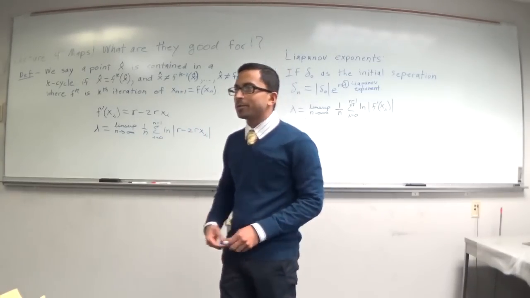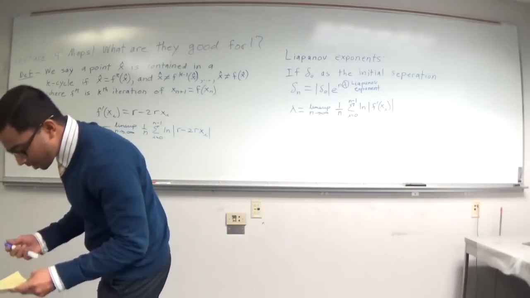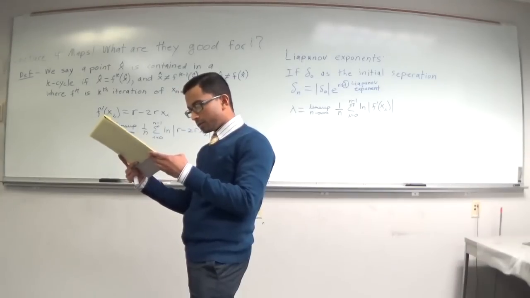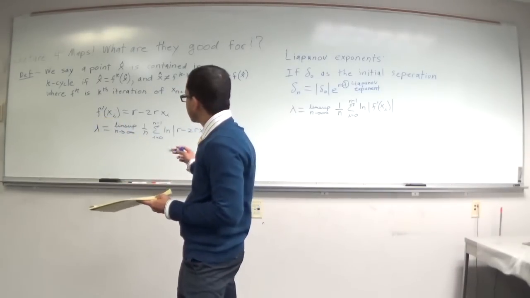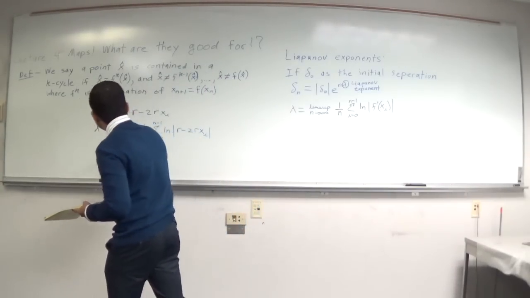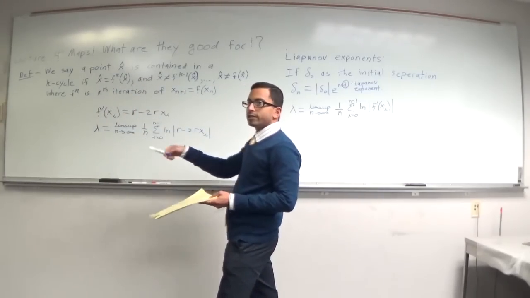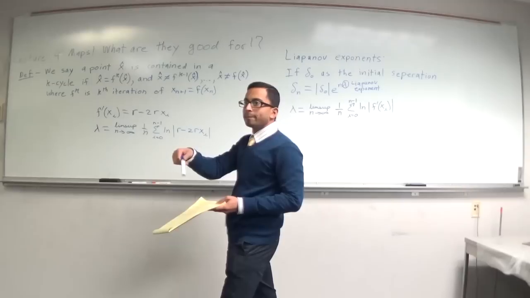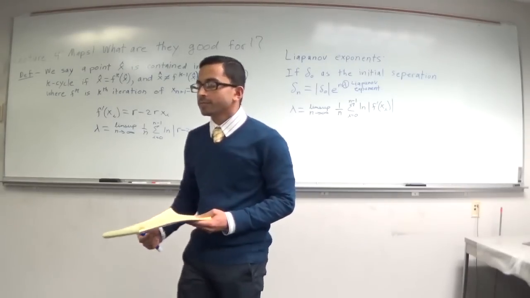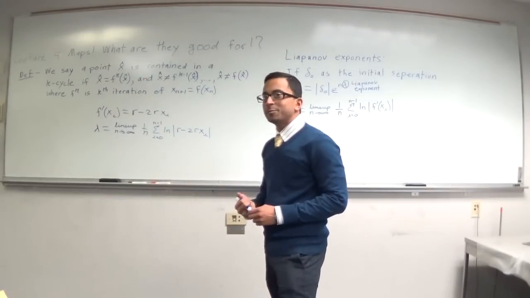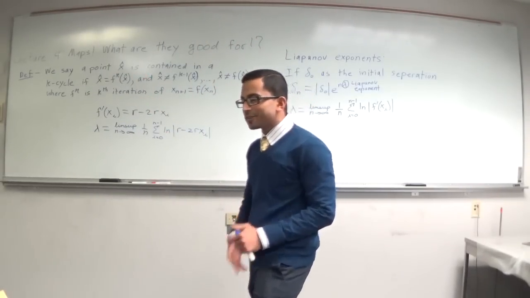That's what I want you to do for the homework: approximate the Lyapunov exponent of the logistic map, for the R that you use in the red one in your cobweb.